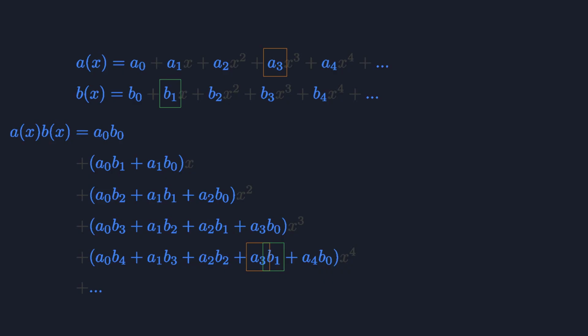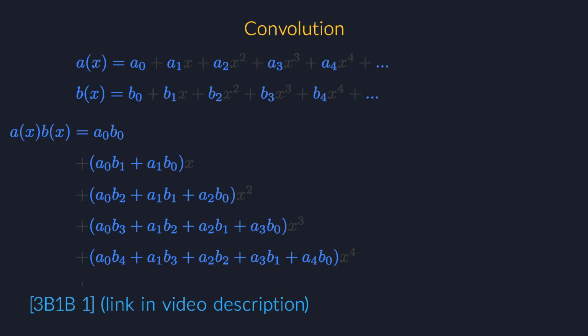Since one frame starts at 0 and the other at, say, 4, and then they move in opposite directions, the sum of their indices is always 4. This process is called a convolution, and you should think of it as an operation that takes two sequences and produces a third one. Convolution is useful in many contexts, and I left a few links in the description if you want to learn more.